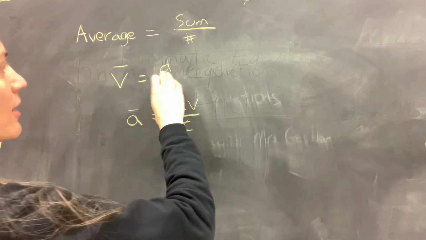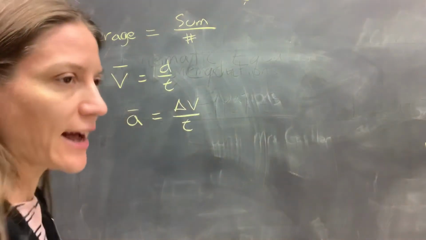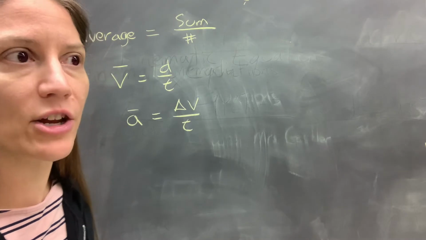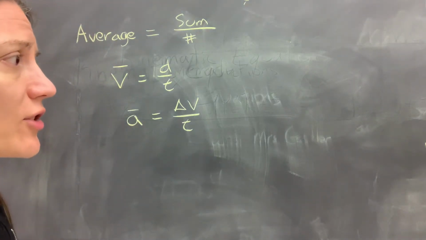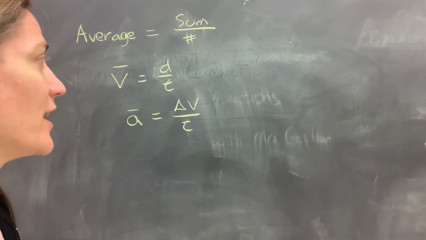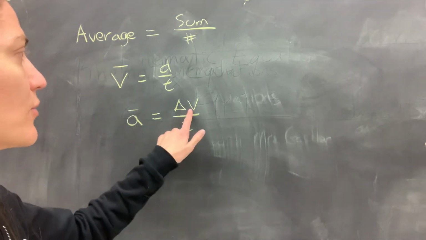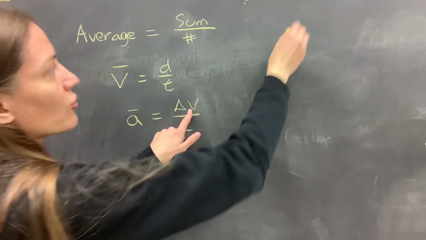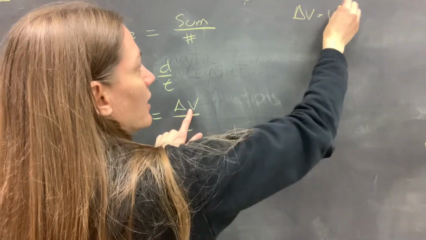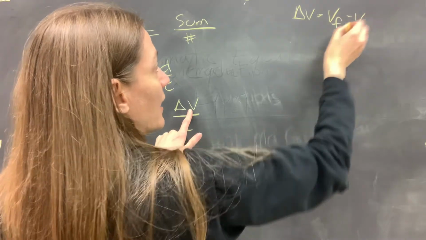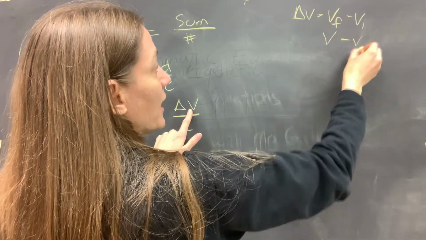Now, for the distance, some people use change in x, or change in y, or d for distance. All of those can mean the same thing. For the change in speed, we might be talking about vf minus vi. Some people write it v minus v naught.